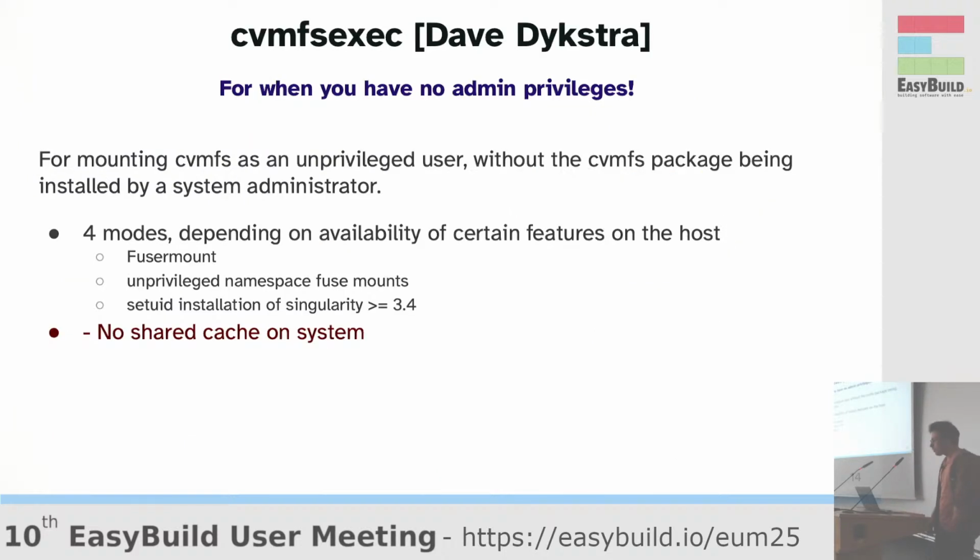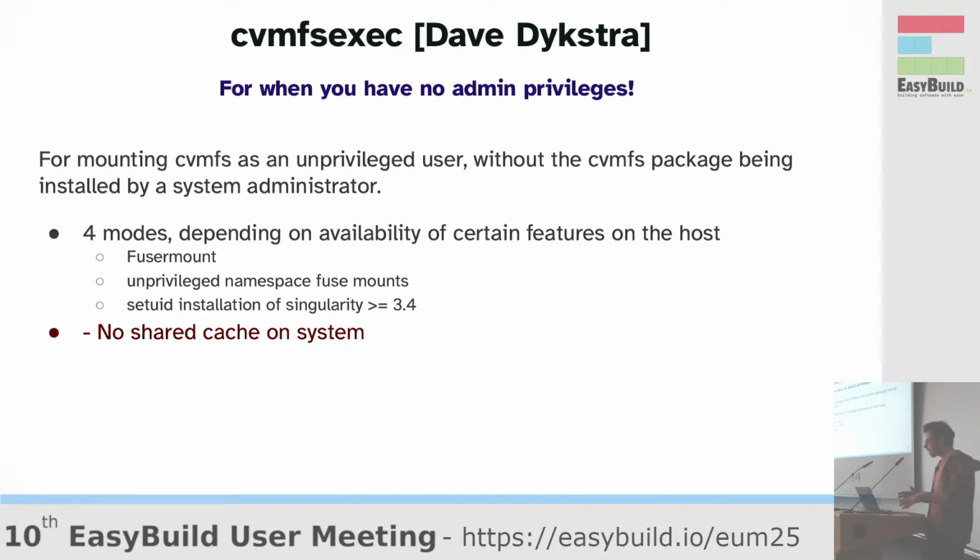So the first one is for when you have no admin privileges. Like you're out of luck, your sysadmin doesn't trust you in that sense. To mount CVM-FS as an unprivileged user, there is a collection of bash scripts called CVM-FS exec, maintained by Dave Dykstra, who's also very much involved with the Apptainer project, so there's someone who really knows all of the edge cases of running like this.